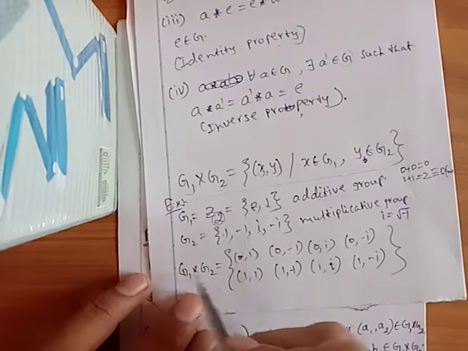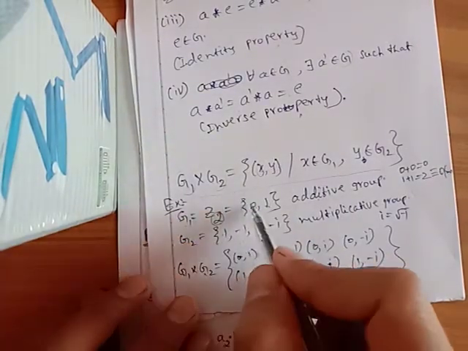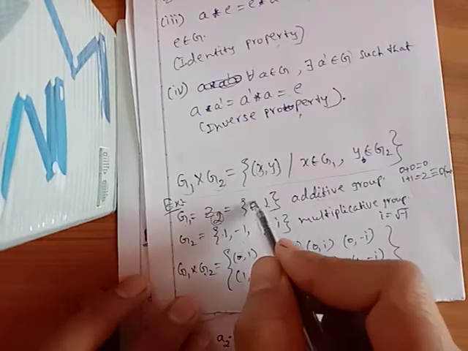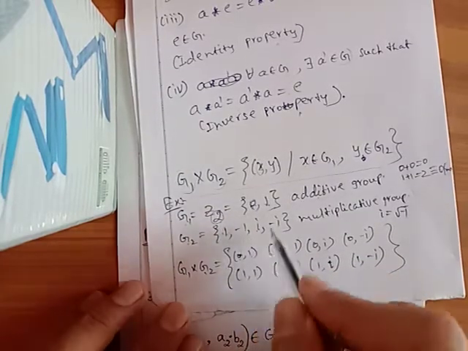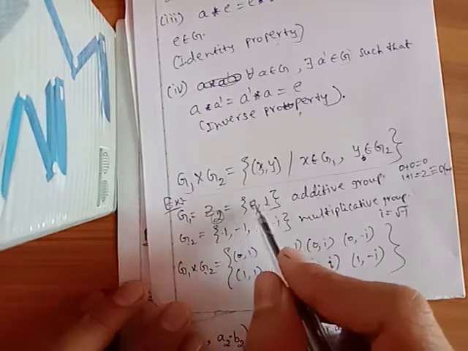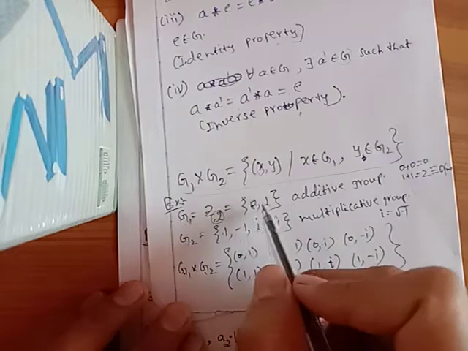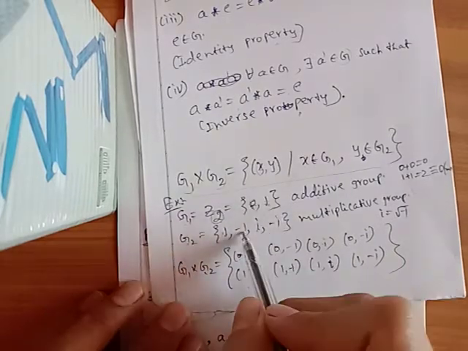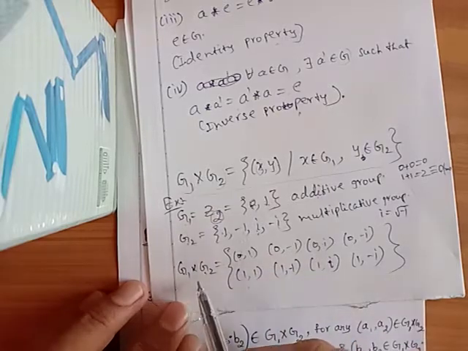Now G1 cross G2 is the direct product of these two. Here in (0, 1), 0 belongs to G1 and 1 belongs to G2. So we have (0, 1), (0, minus 1), (0, i), (0, minus i), (1, 1), (1, minus 1), (1, i), (1, minus i).